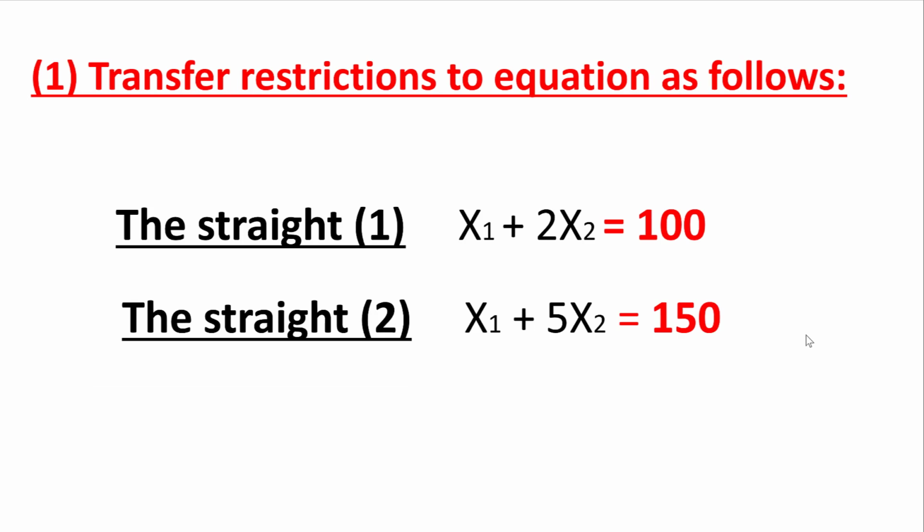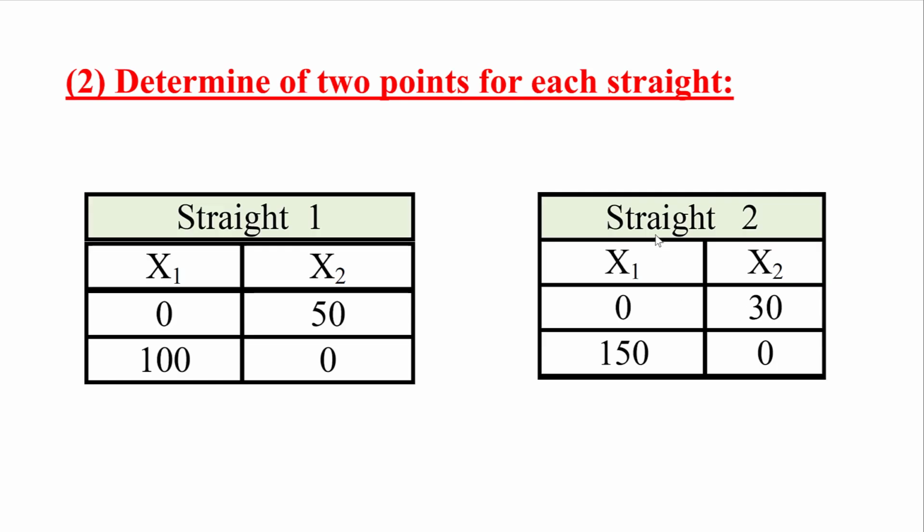The same we do with x2: when x2 equals 0, x1 will equal 150. So for straight 2, when x1 equals 0, x2 equals 30, and when x2 equals 0, x1 equals 150. This is step 2, determine 2 points for each straight.